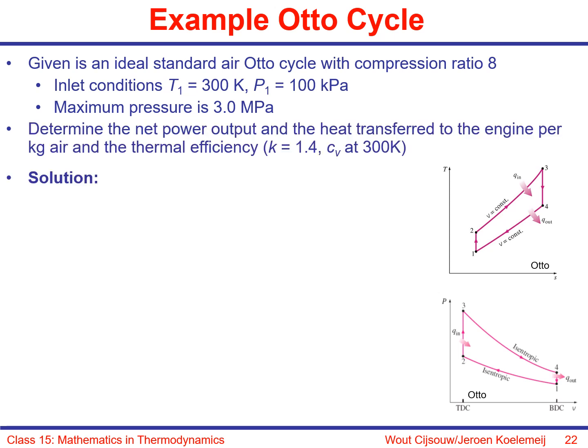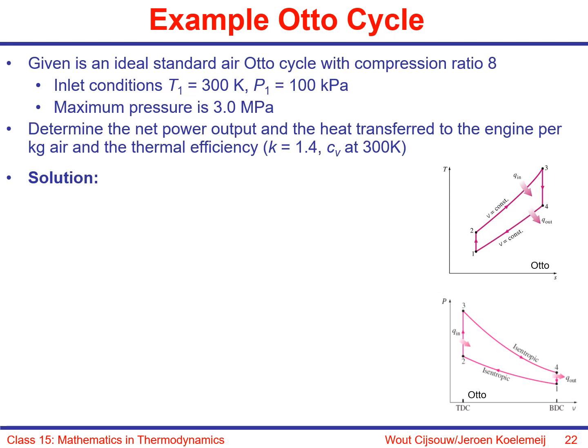Now the question is, we would like to know the net power output of this engine and the heat that is transferred to the engine per kilogram of air, and we also would like to know the thermal efficiency. And for this, we can assume a ratio Cp to Cv of 1.4.